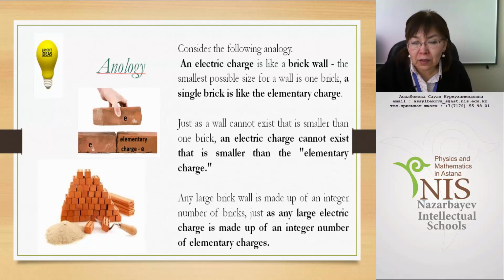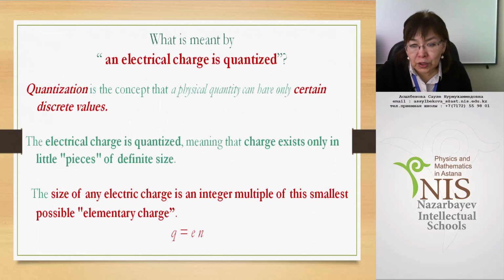You use one brick, two bricks, another 10, 11, but the whole wall consists of a simple unit, which is the brick. Therefore, any charge is also a composition of so-called elementary particles, and therefore electric charge is an integral multiple of the smallest possible elementary charge.